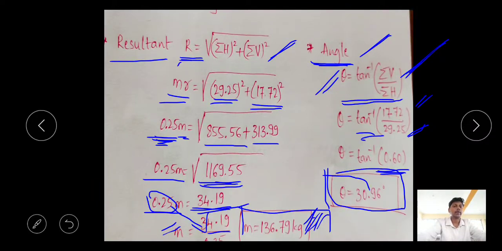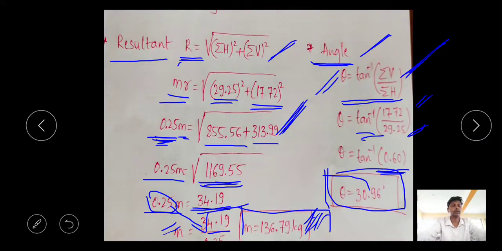Whenever you are watching the video, just sit with a notebook and a pen with a calculator and try to solve each step. Then only you will understand.